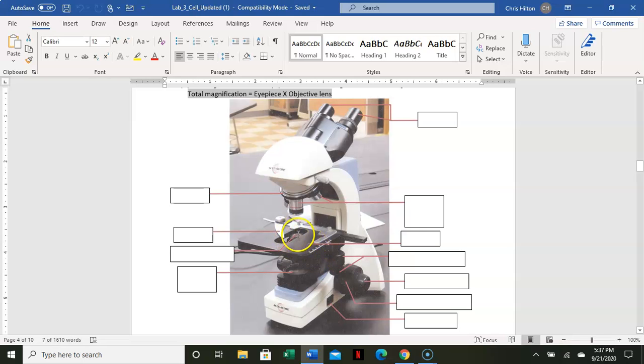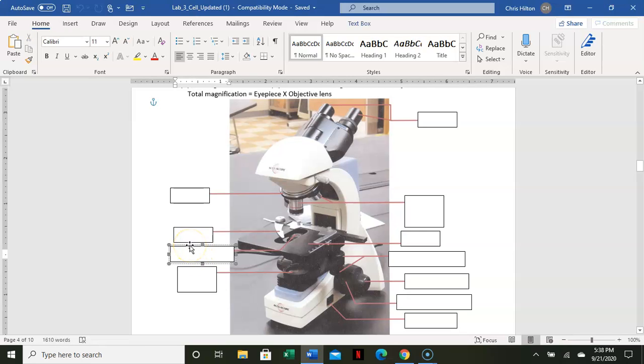You can see this little lens peeking through this slot. That is the condenser. But it also has the diaphragm. And remember, diaphragm has a weird spelling, diaphragm.